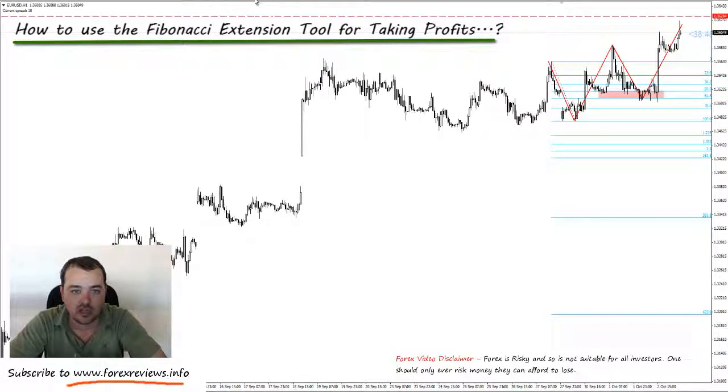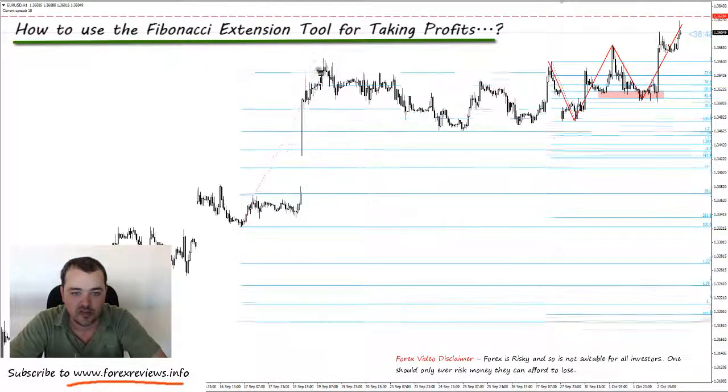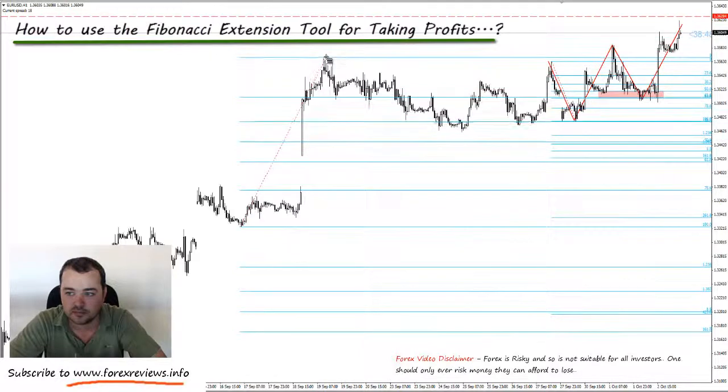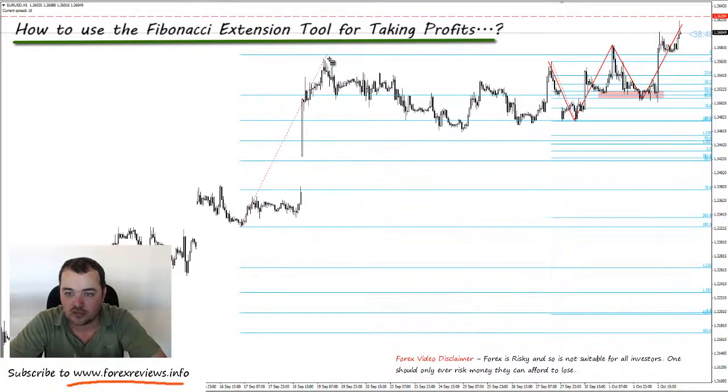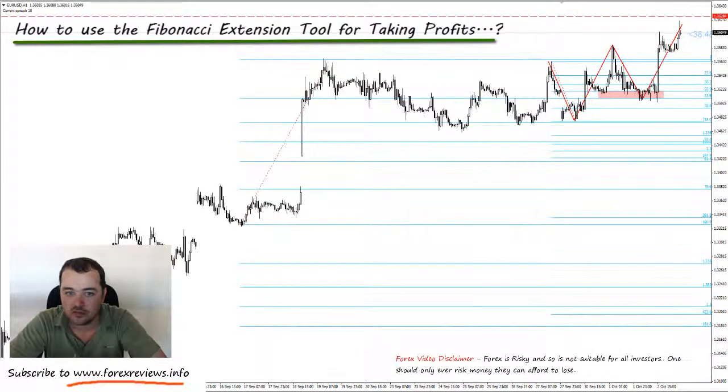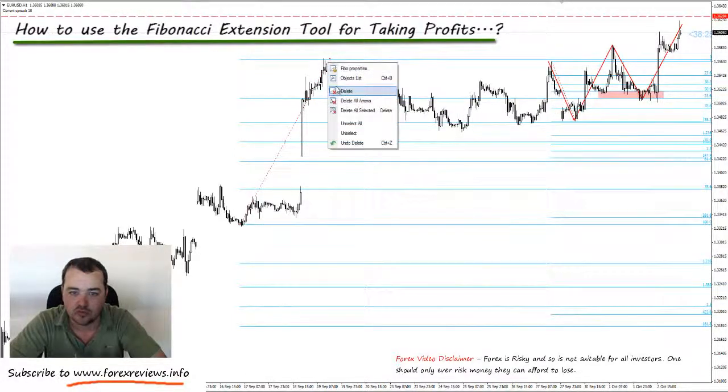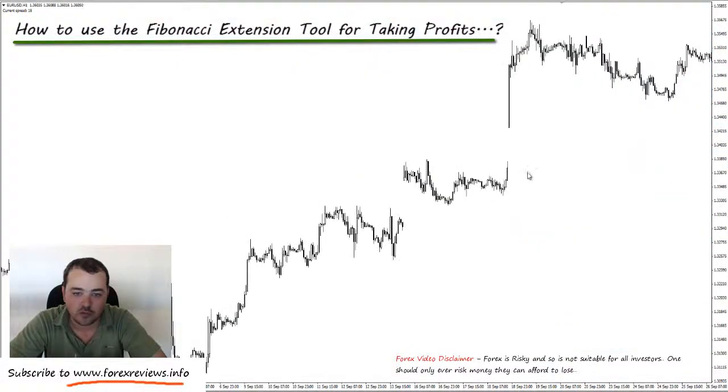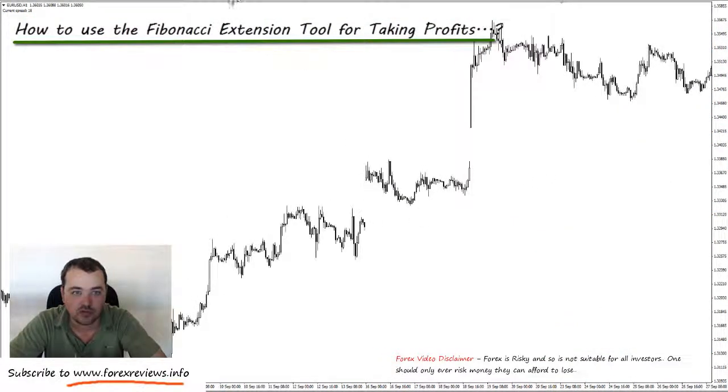Let's have a look at one more. We had this major move up here, and this one actually ended up being the 38.2 lined up here, and that was an exceedingly large move. Right? Let's have a look at another one. Let's have a look at this one here.